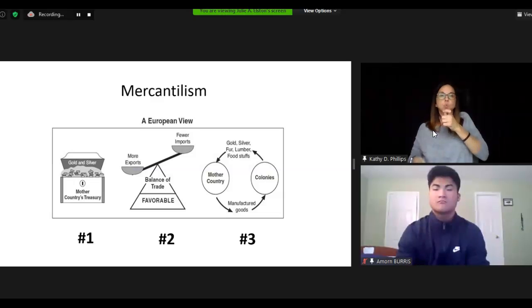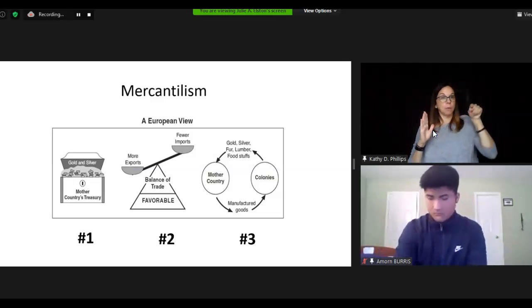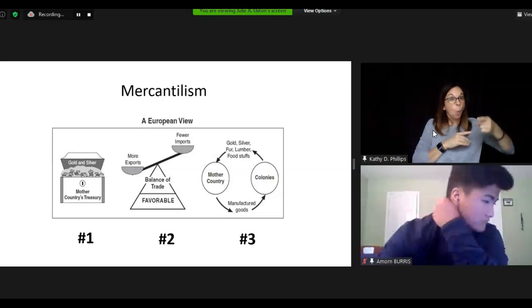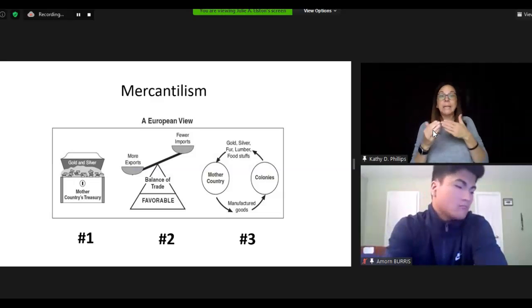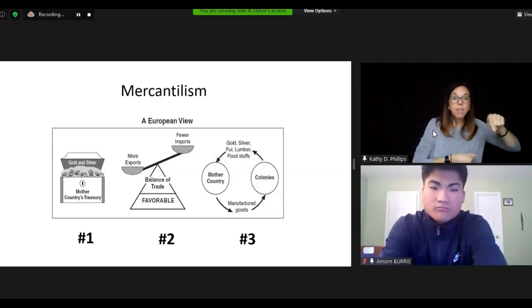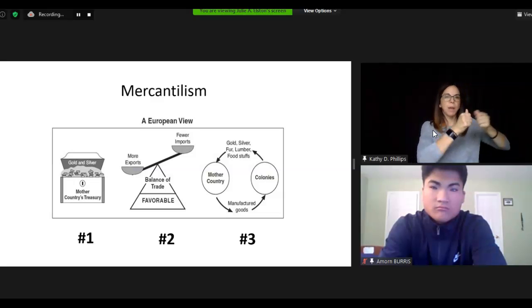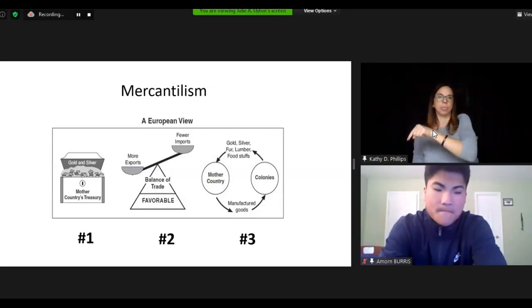So there were strict rules in place that required the American colonies only to trade with Great Britain. Even if the French or the Spanish would offer them a better price for their tobacco or their lumber, they could not trade with any other country. England wanted all of those benefits to stay with England, right?